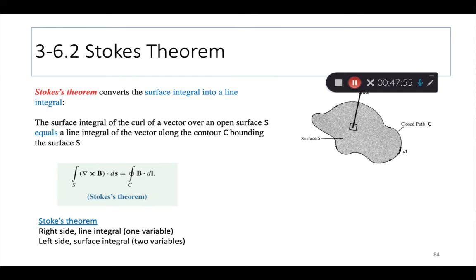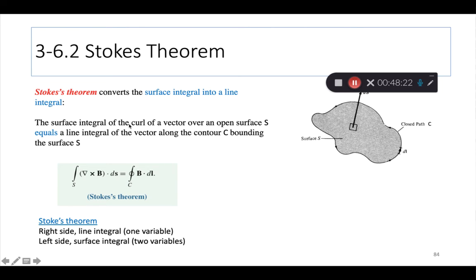Here's some examples. A very important theorem to go with the curl definition is that the curl of a vector, which is a cross product, can be reduced to a line integral. Okay, so Stokes' theorem converts the surface integral into a line integral.